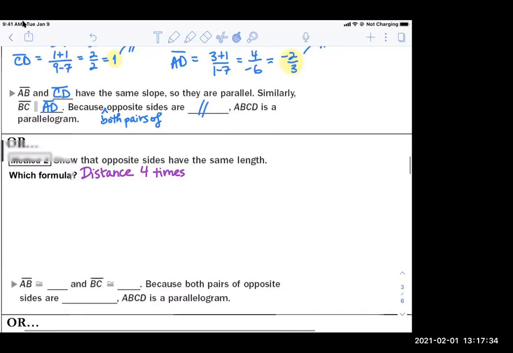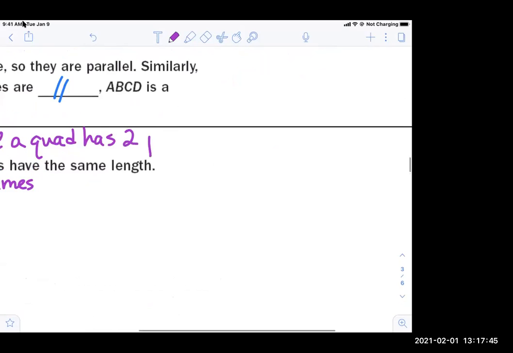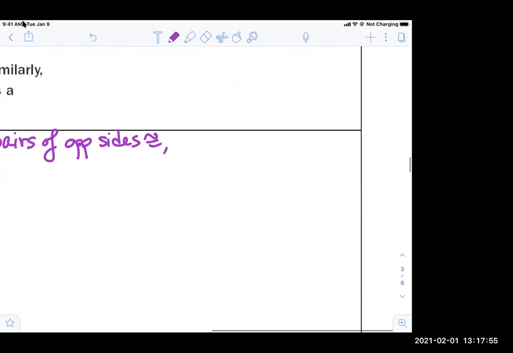Again, the theorem that we're using is if a quad has 2 pairs of opposite sides congruent, and it's a parallelogram.